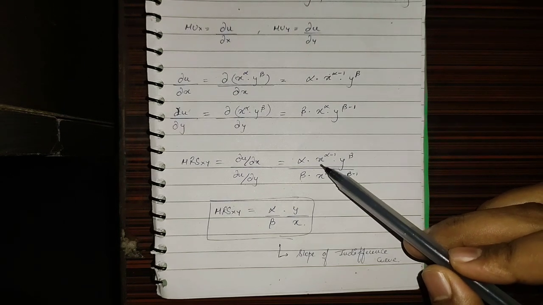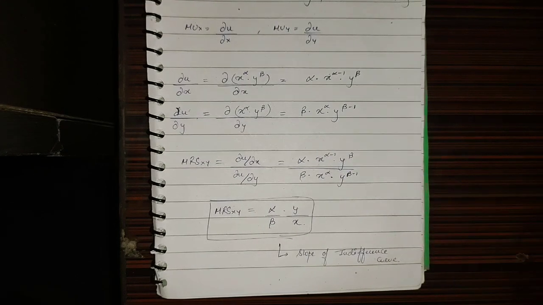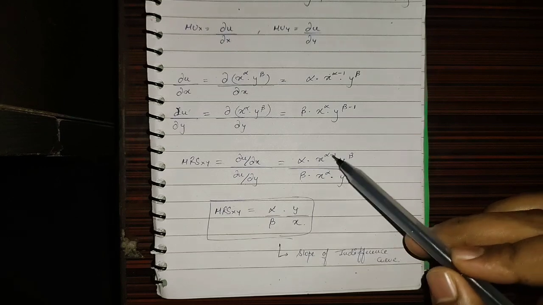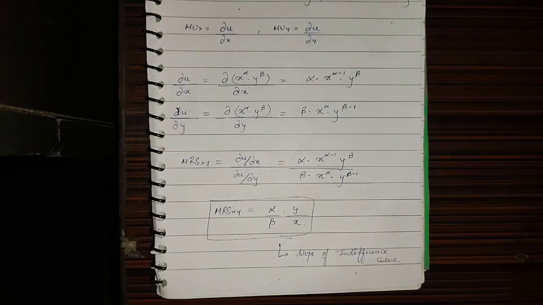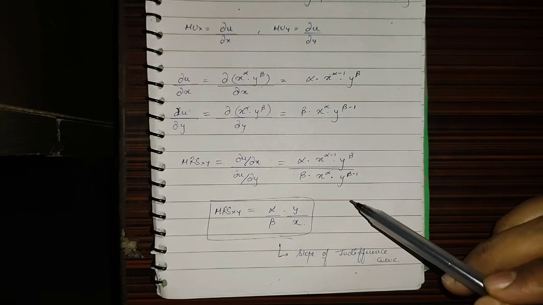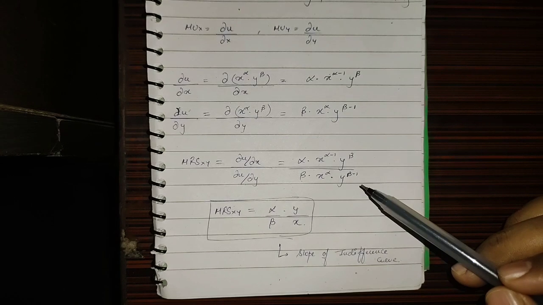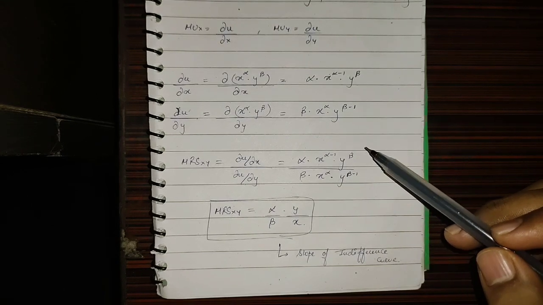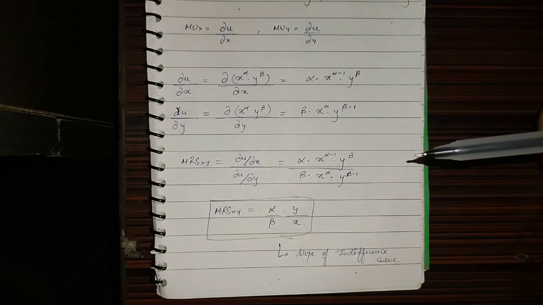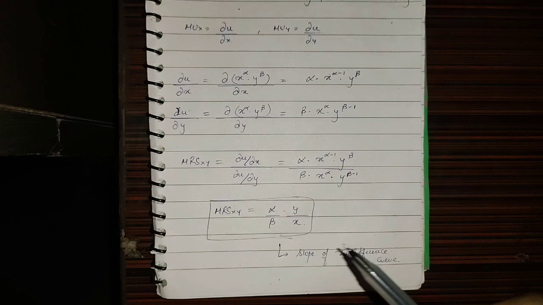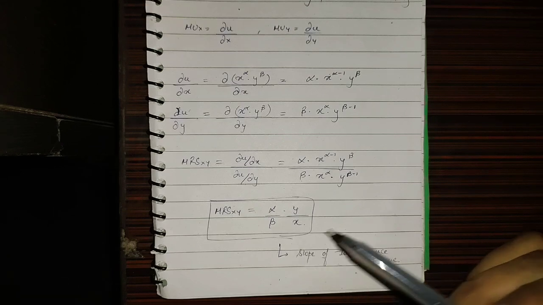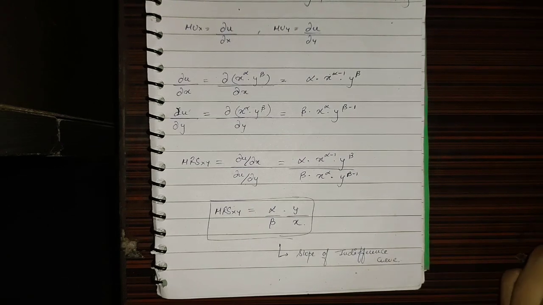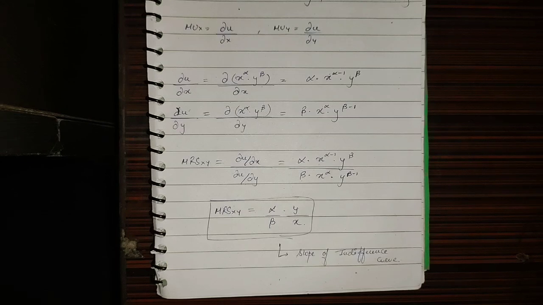Since this is 1 less power of x, it will be wholly cancelled, and in the denominator we will be left only with x. Similarly for y, the y term in the denominator will be wholly cancelled, and we will be left with 1 y in the numerator. So the value of the marginal rate of substitution is alpha divided by beta multiplied by y divided by x, and this value is also the slope of the indifference curve.